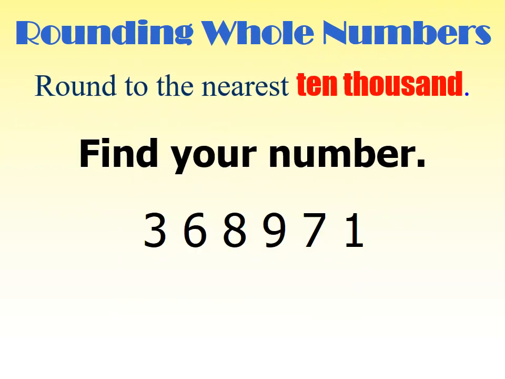So now we're going to try another sample problem together. If you go through the PowerPoint and the video, you're going to see that the problem solves itself, but I'm going to write over the animation just to walk you through how the problem works. So here we have to round to the nearest 10,000. So here's our 1, here's our tens, here's our hundreds, here's our thousands, here's our 10,000s. So we'll circle that number.